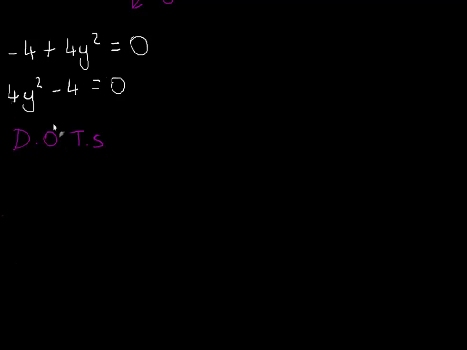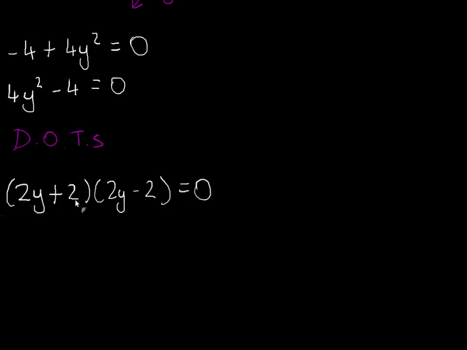If it's a difference of two squares, it factorizes the same way every time: you square root the first one. So the square root of 4y squared is 2y, and you square root the second one and add them together. And then you have the same, but you subtract them. And you can check that that works. You can expand that out and see that that does make 4y squared. The two y terms would cancel out, and you get left with a minus 4.